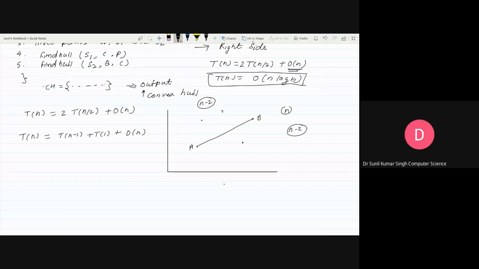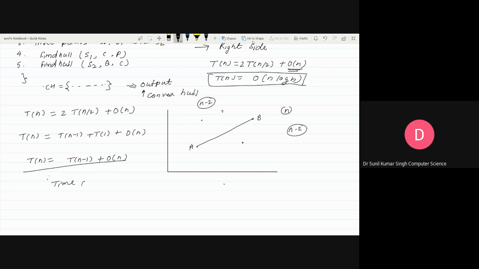Worst case scenario. So your recurrence relation will become T(n-1) + order of n. And what will be the time complexity for this recurrence relation?